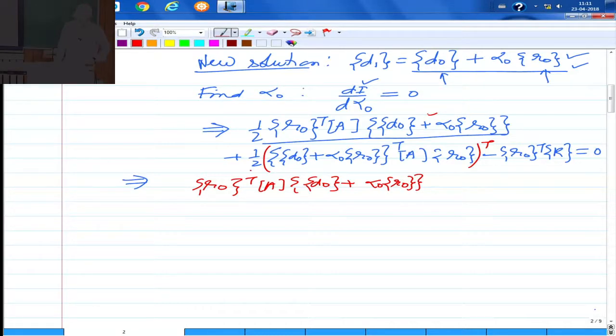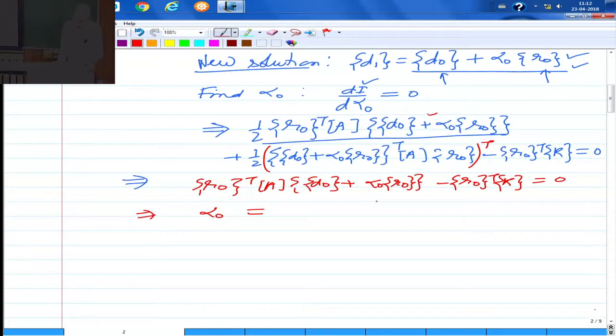So finally the half goes, and this is what you get: minus R naught transpose into R is equal to 0. And now we want to find out basically alpha naught. So what would be the expression for alpha naught? From here, the first term is R naught transpose A into D naught, and then the second term, so let me write.